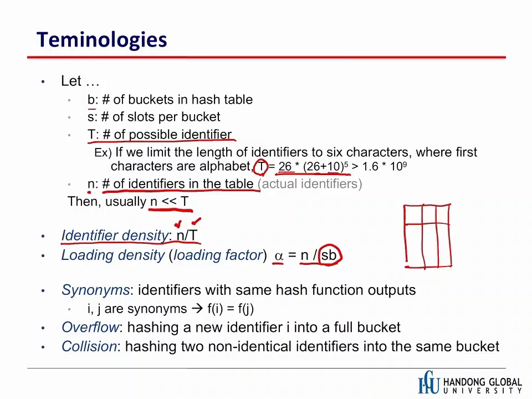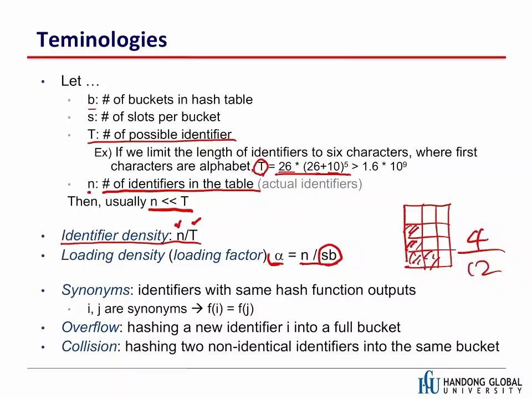So if S is 3 and the number of buckets is 4, then we have 12 slots in our hash table. Then when we have 4 identifiers, it is 4 over 12. That's alpha.